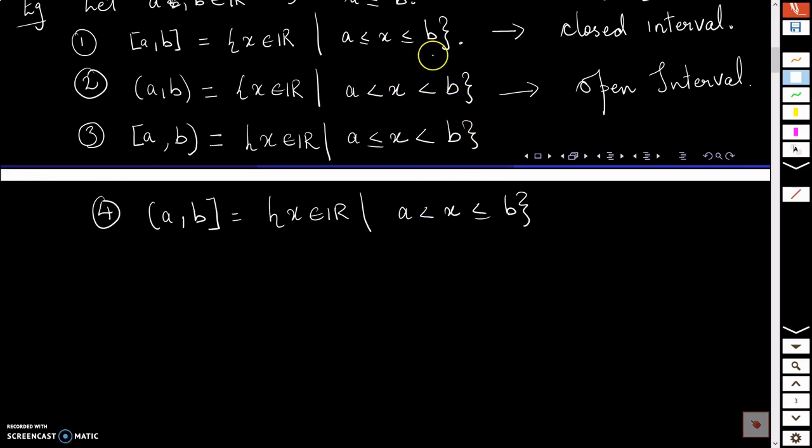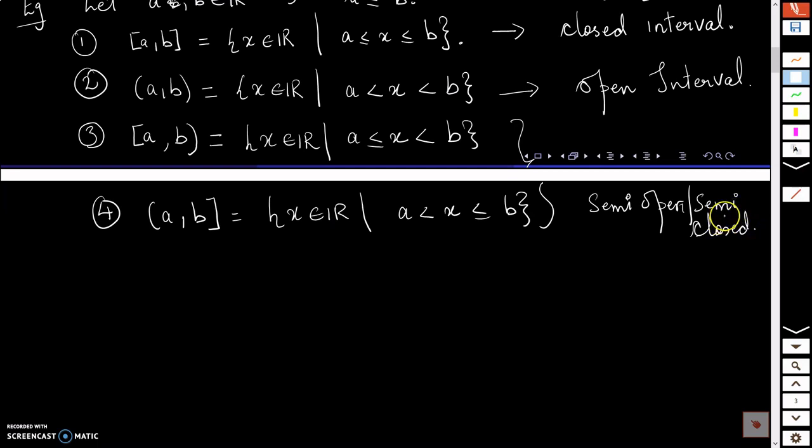These two are called semi-open or semi-closed. You can use any one word. We will stick to one word. We'll call it semi-open.